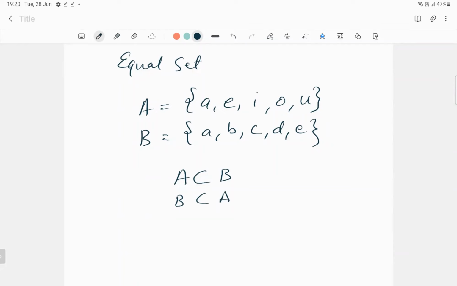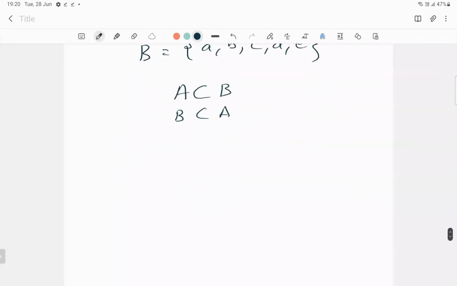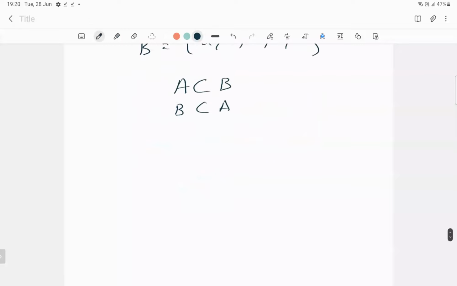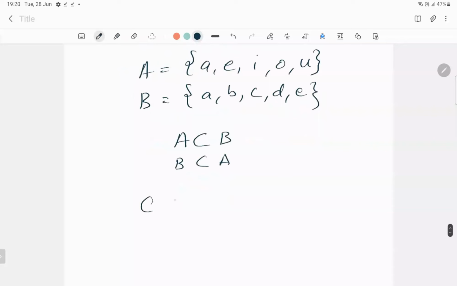Let's use the Venn diagram for this. I'm giving you one more set, C is equal to {A, E}. Now, in C, what are the elements?